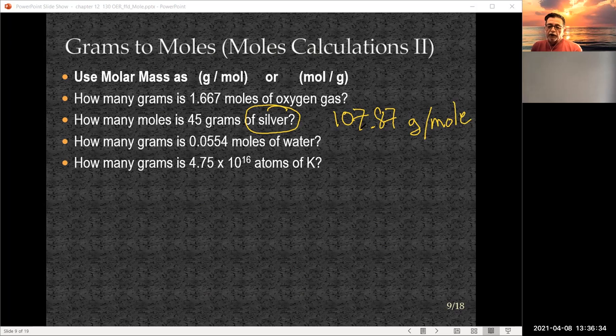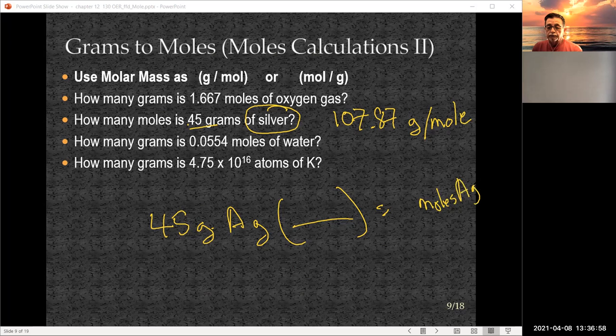So that comes from the periodic table, 107.87 grams per mole. We are given 45 grams of silver, and I would definitely keep the units there so you know what's going on. We need to get to moles of silver. So I need moles in the numerator and grams in the denominator, because my grams need to cancel.